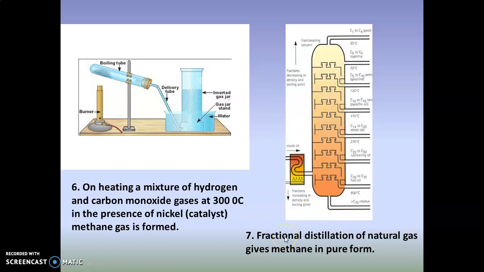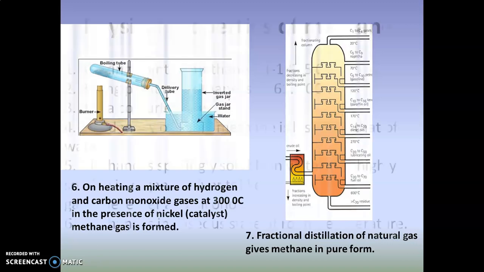Basically, fractional distillation is used for petroleum products, because petroleum contains petrol, diesel, coal, tar, methane. Each one is separated at a different temperature. So when we use fractional distillation of natural gas, methane is given out in pure form. Thus methane is obtained by various ways.